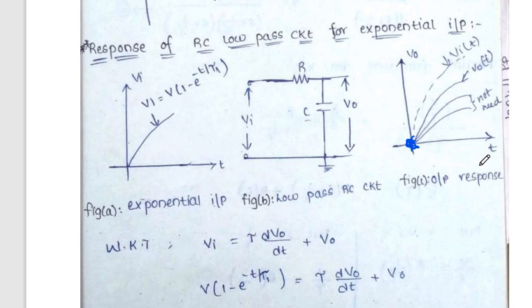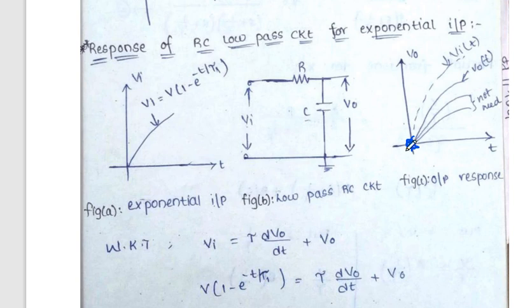Now coming to the second case, the input signal increases exponentially. That exponentially increasing signal is applied to the input terminals of the low pass RC circuit. Because of this exponential input signal, the capacitor also charges exponentially through the resistor R. That means the charge developed across the capacitor is exponential and the output voltage follows the voltage across the capacitor.